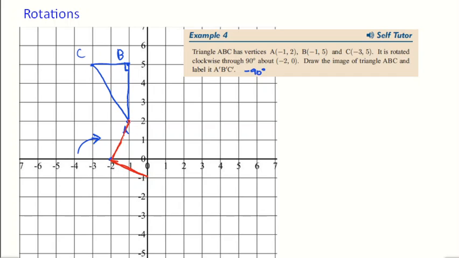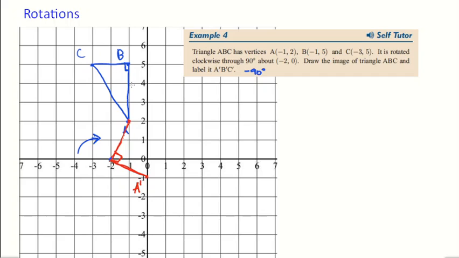If we rotate this point clockwise through this point, what's going to happen? It's going to go that way. And then since this is 1 to the right and 2 up, this is now going to be 1 down and 2 forward. So this is our new point A prime.